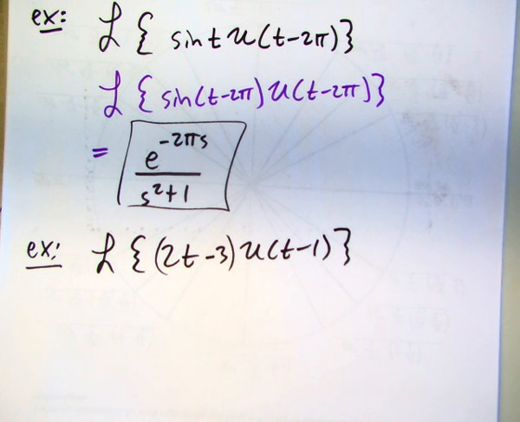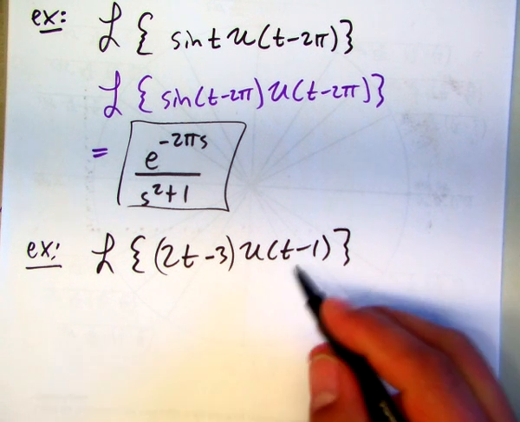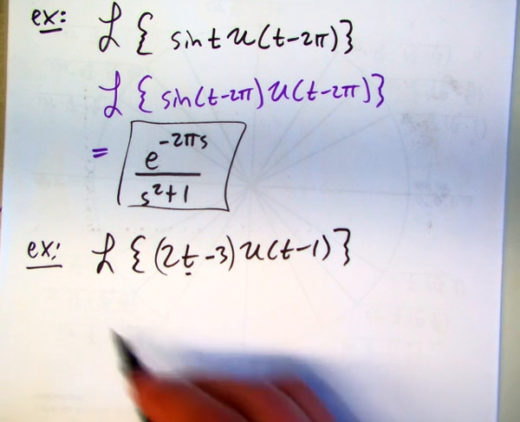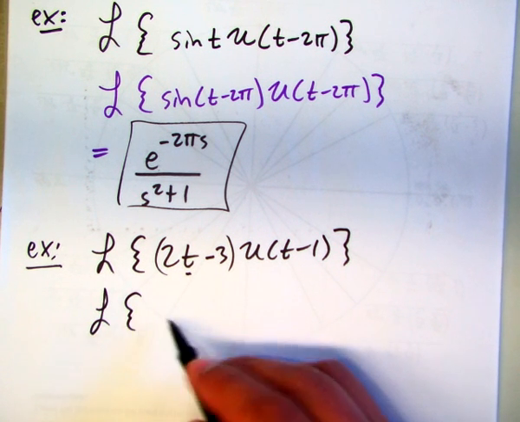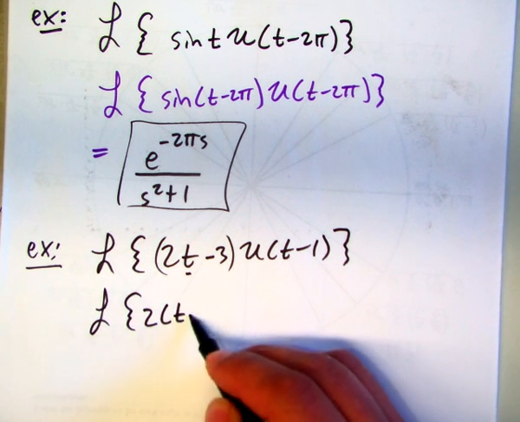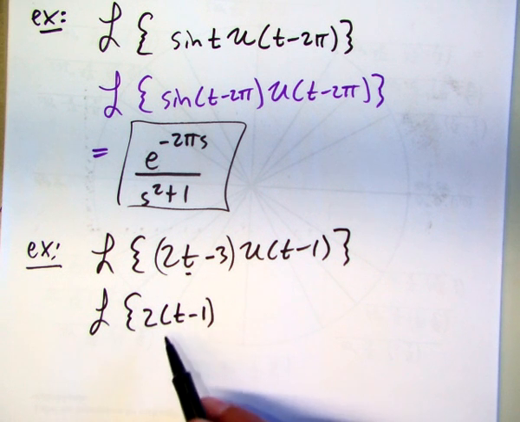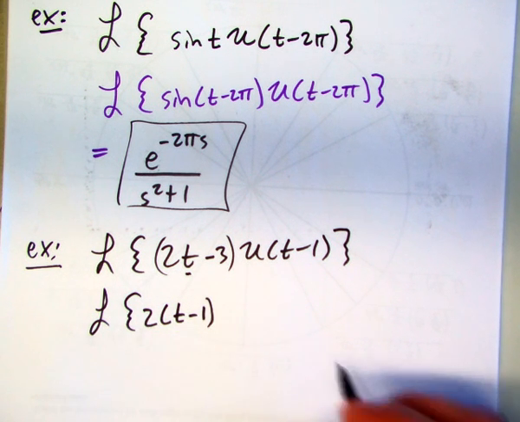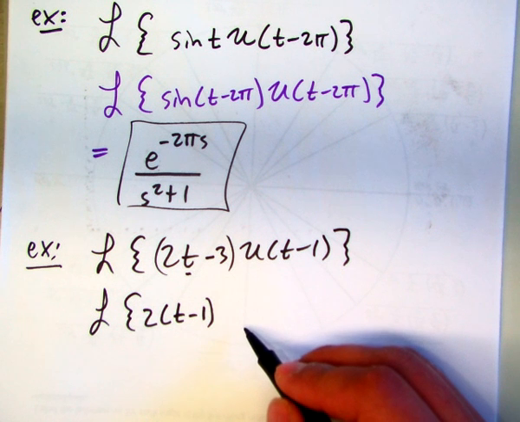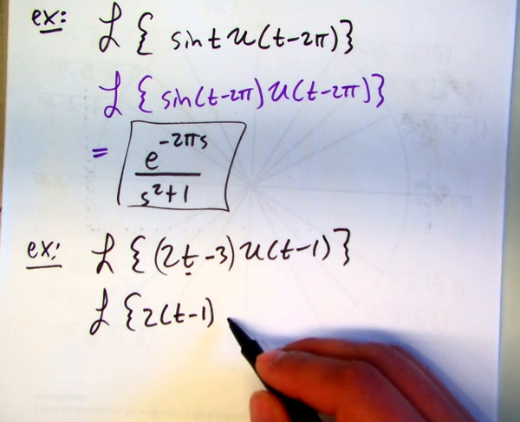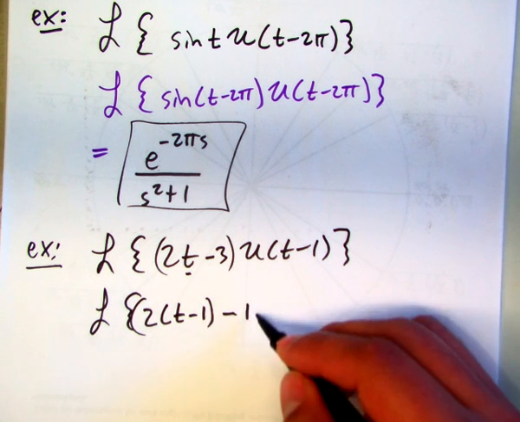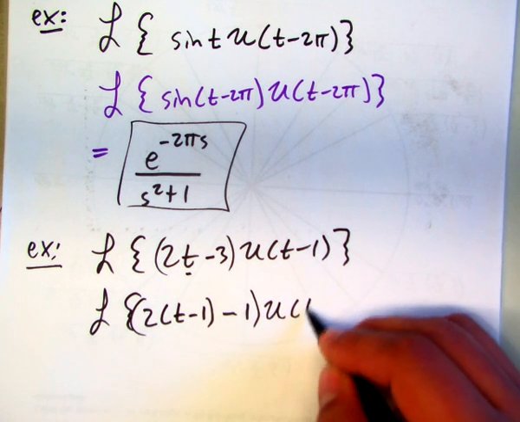You guys probably know. If this is t minus 1, what should this be? t minus 1. So let's make it t minus 1. But we somehow have to keep this the same. Right now it's 2t minus 2, so how do I fix it? Subtract 1, and now these are technically still the same, right? So we have this times u of t minus 1.